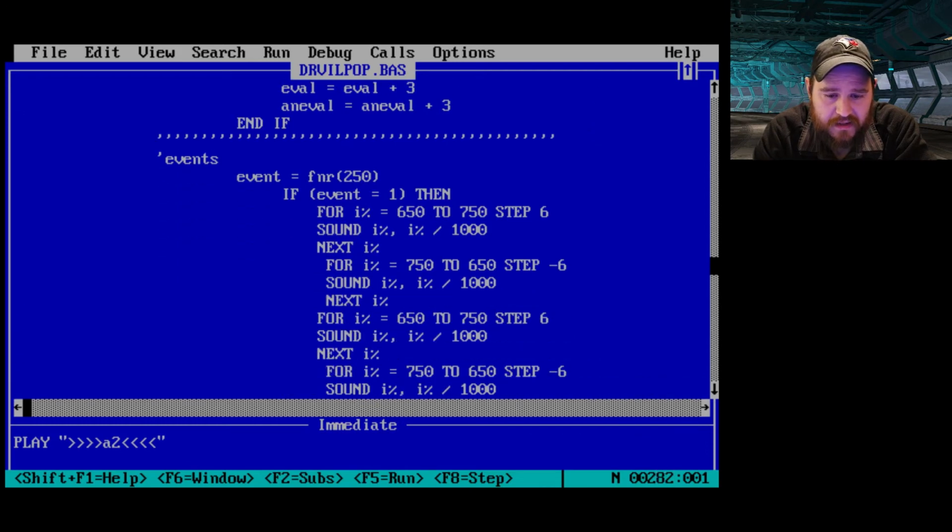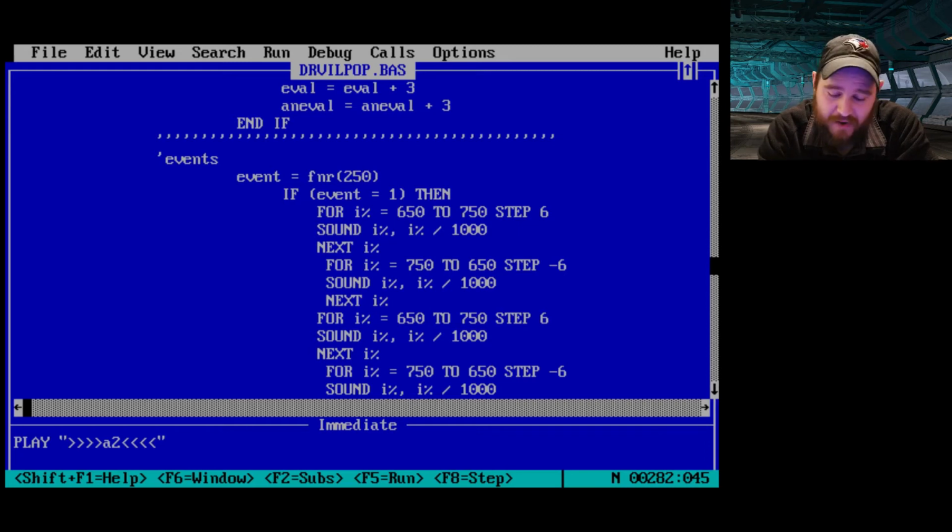But what are these events? Oh my goodness. Oh, he used the sound command. Oh, guaranteed he did not write this. And I know he didn't write this because there's a % sign after the variable, and he wasn't thorough enough to use % signs. What the heck?